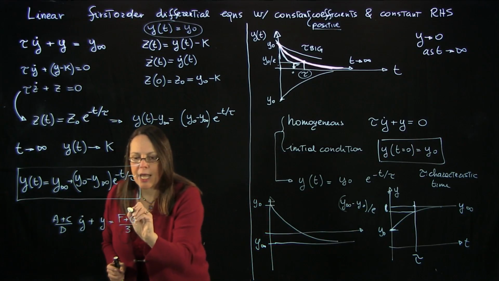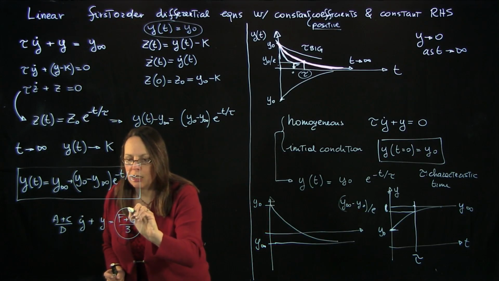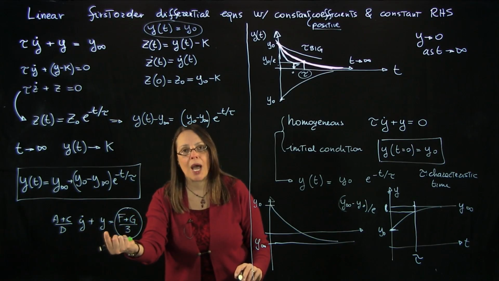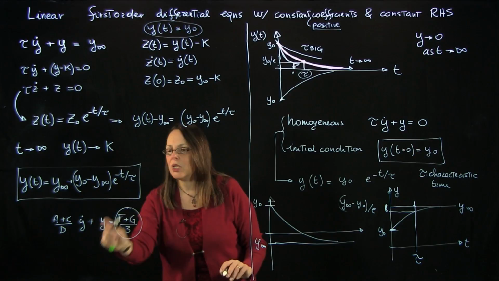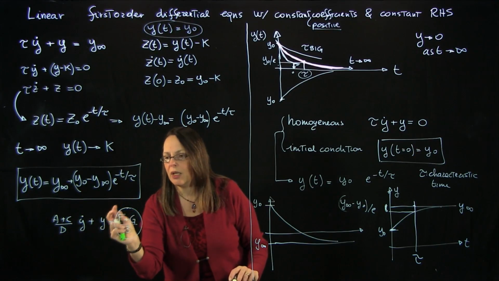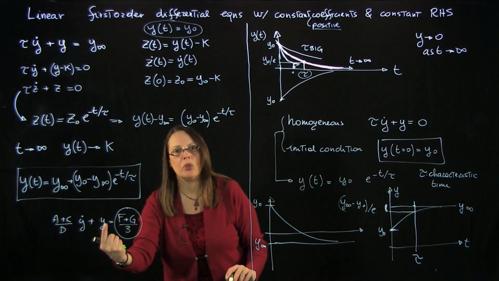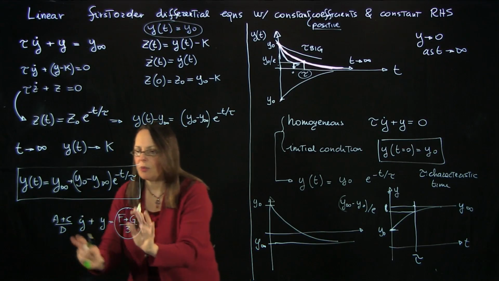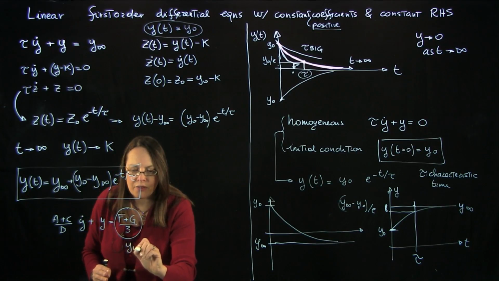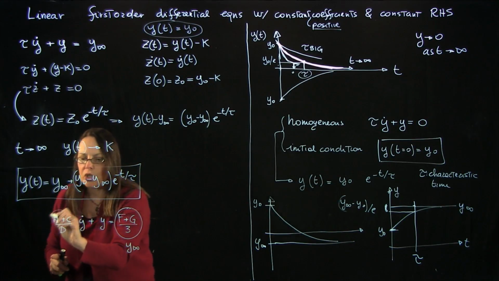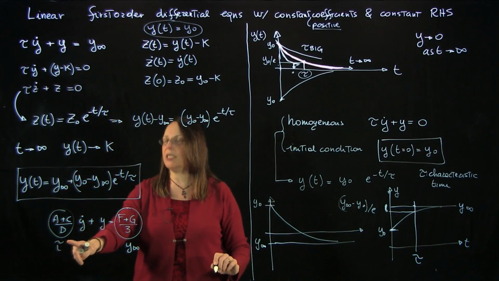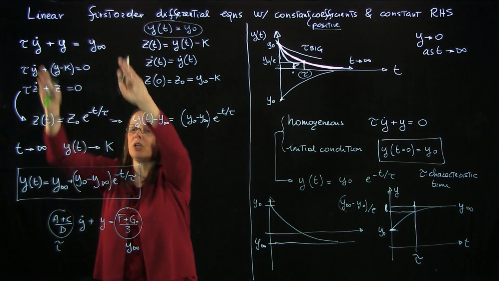It's written in canonical form because the coefficient of the function y is 1. Once you write it with the function having a coefficient of 1, you can say my right-hand side is y infinity and the coefficient of y dot is tau.